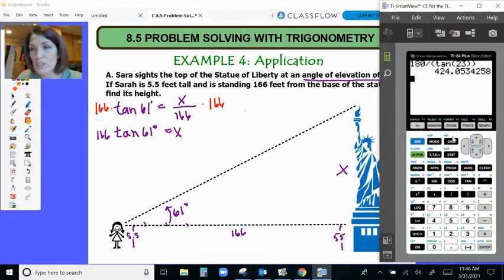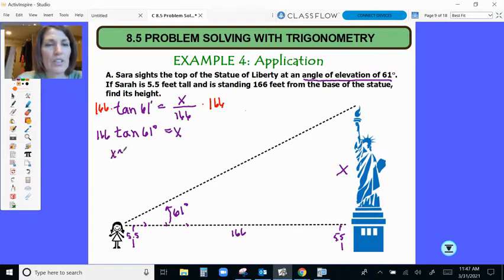Let's come over to our calculator. I'm going to have 166 times the tangent of 61, and always make sure you close that parenthesis, and that's about 299.5. So x is about 299.5 feet. And of course, to find the height of the statue, we have to add 5.5 to that. Sorry, not x, my height.